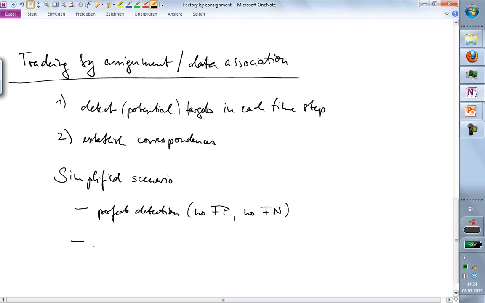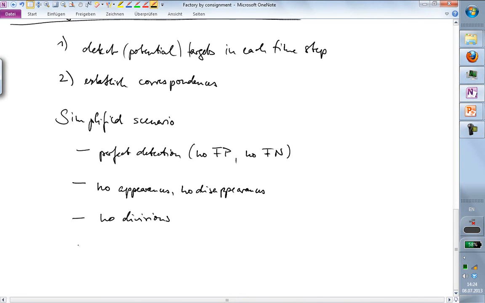I will also assume for the moment that there is no appearances of new particles, no disappearances of any particles over time, and I will assume that we don't need to deal with divisions, and I will assume that we're happy to consider only pairs of time steps.